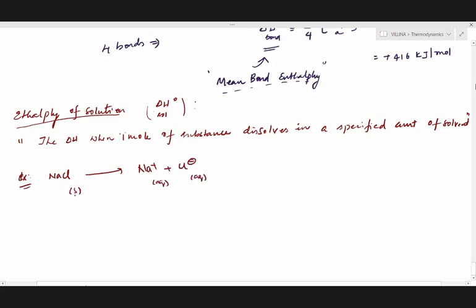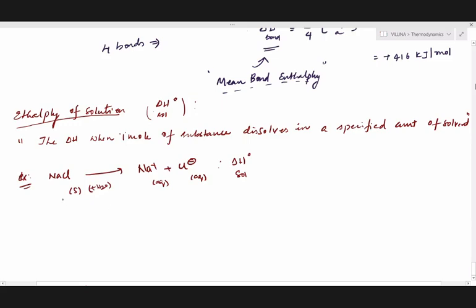But in the process of this conversion, whatever delta H is associated, we are calling it delta H solution, because we are dissolving NaCl in a certain amount of water, that is aqueous medium. But we cannot directly convert the solid NaCl into Na plus and Cl minus, right?